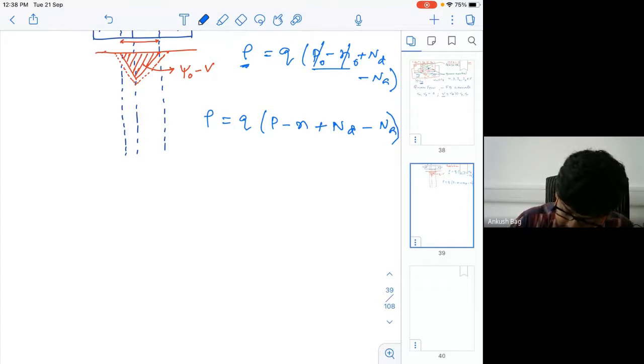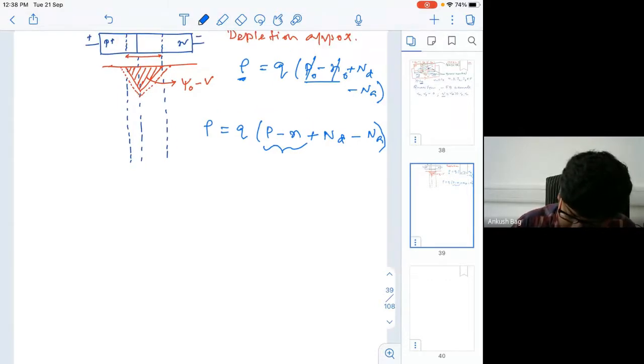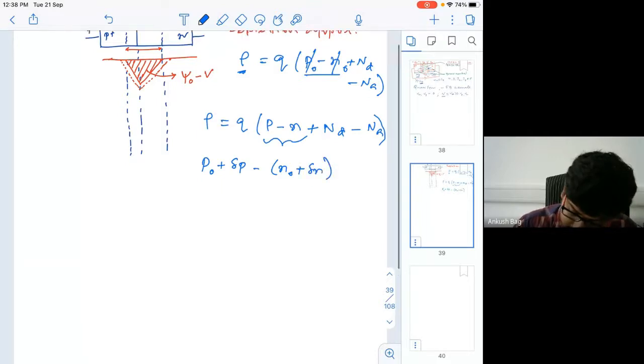Now what is this p minus n? If we just rewrite this p minus n under this bias condition, the free carriers, we can write as the thermal equilibrium concentration of holes plus changes in the hole concentration, minus the thermal equilibrium concentration of electrons and changes in the electron concentration.